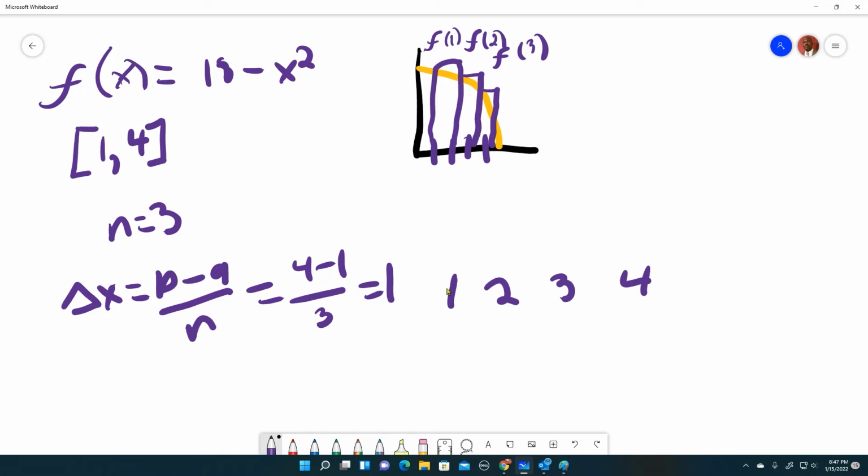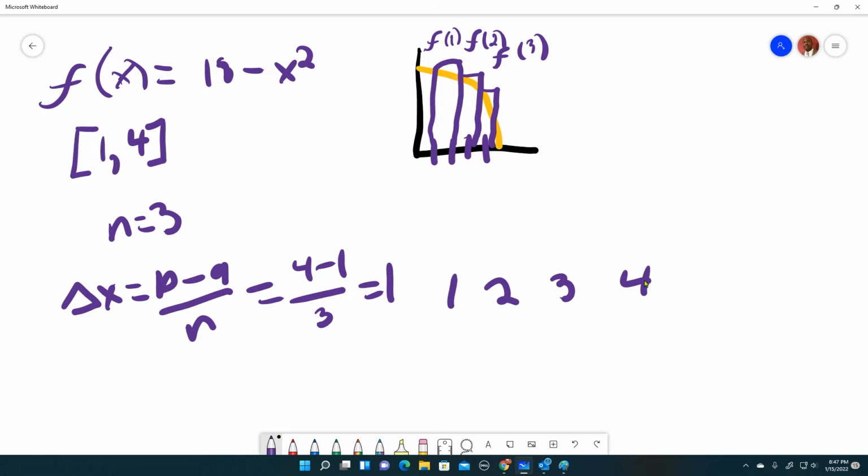That should make sense. If I look at the subinterval from 1 to 2, I'm going to use the number on the left. Go to the next one, use the number on the left. And go to the last one, I'm going to use the number on the left. The last number will never be a number on the left, so it won't be used.